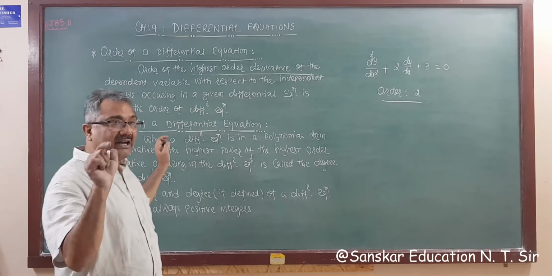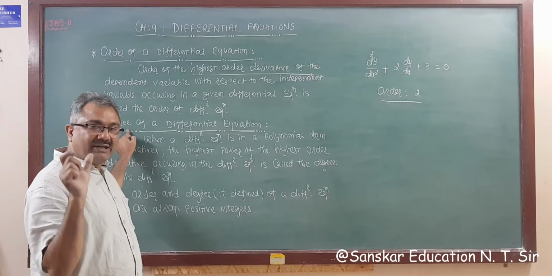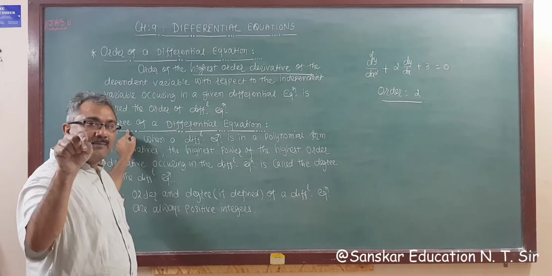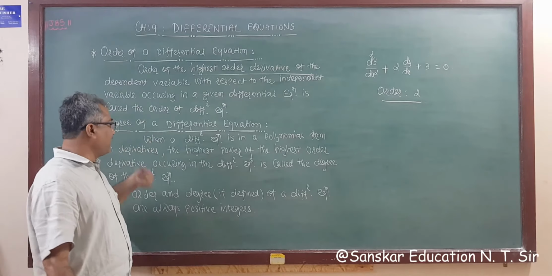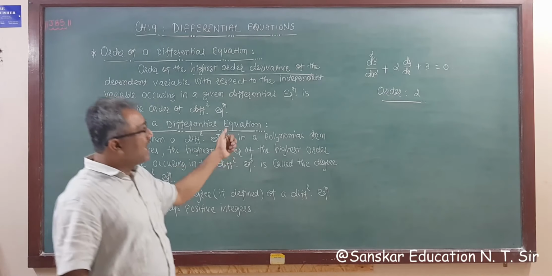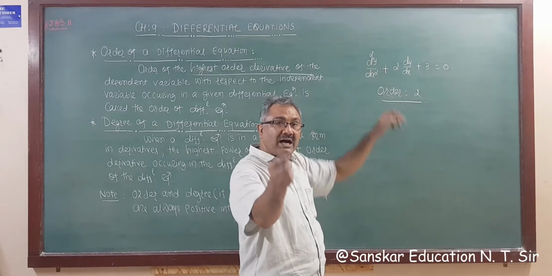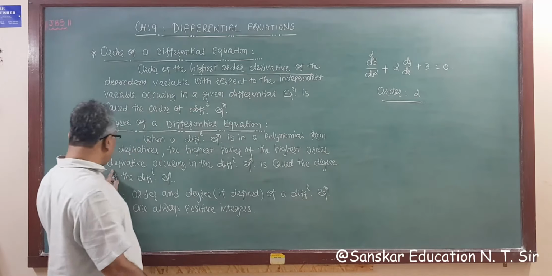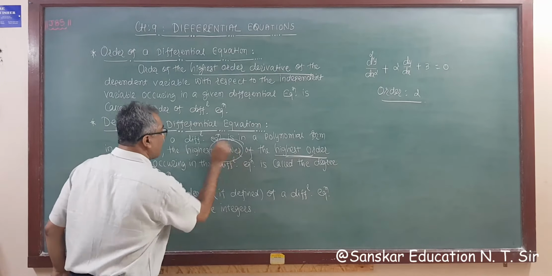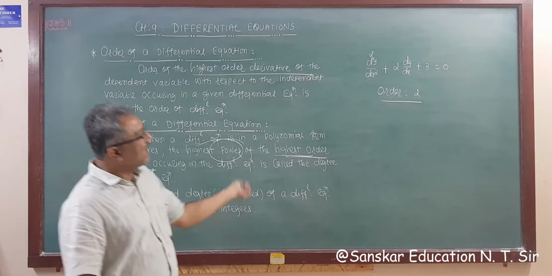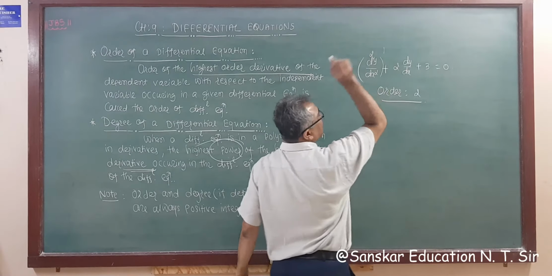So it is required for the degree that the given equation is in the form of a polynomial of derivatives. The degree is the highest power of the highest order derivative. So the highest order is 2 and the power of this is 1.